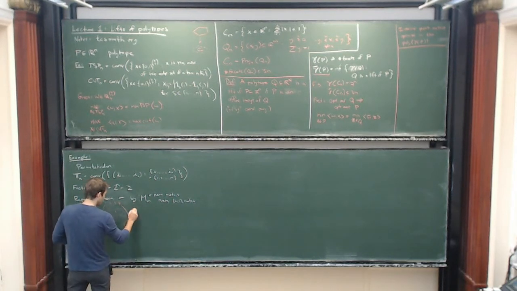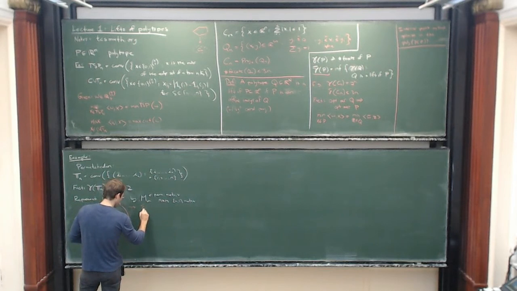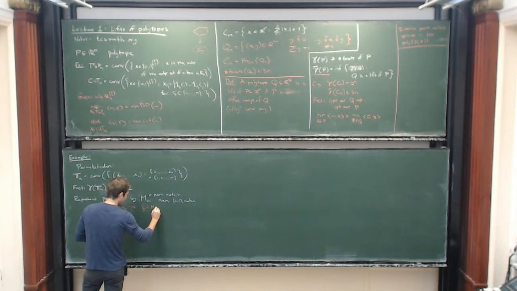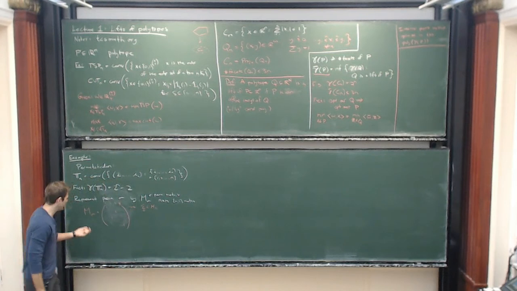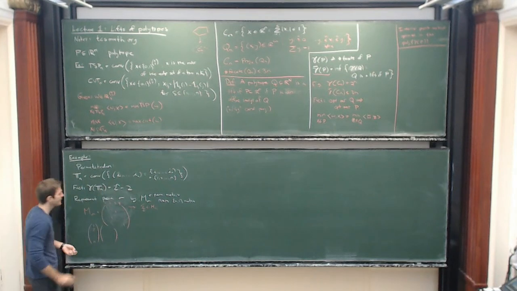So the claim is that I'm just going to rewrite matrix multiplication. If we take the first row and multiply on the left by (1, ..., n), this gives us the correct map.